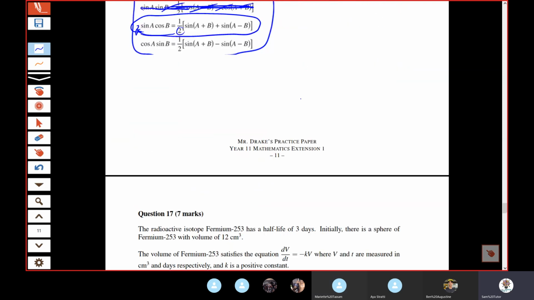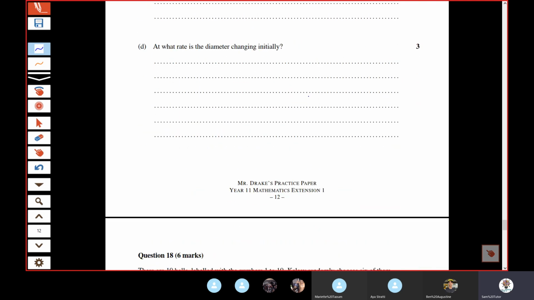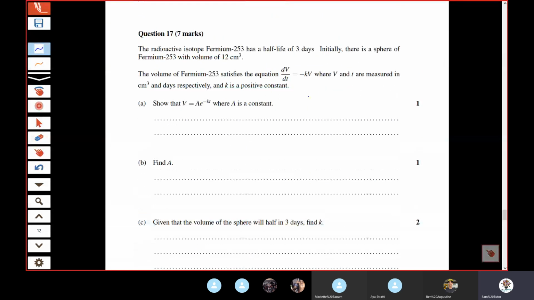17. Let's do it. The radioactive isotope fermium-253 has a half-life of 3 days. Initially, there is a sphere with a volume of 12. See how I'm trying to ignore the stuff that you don't need?